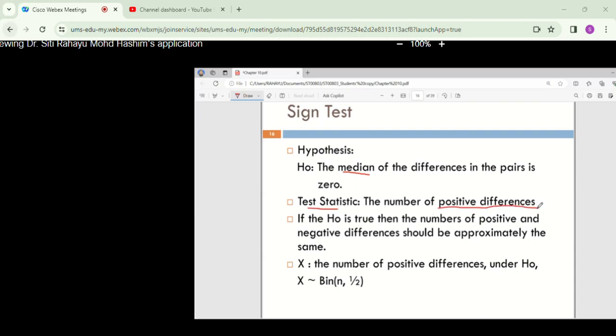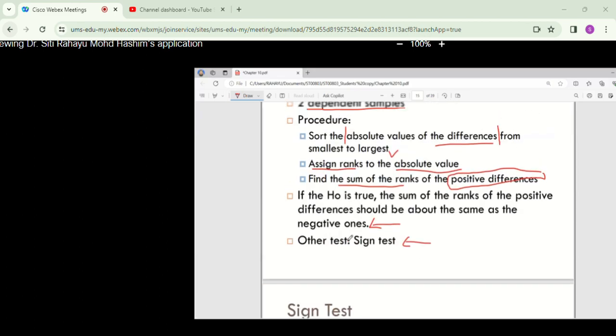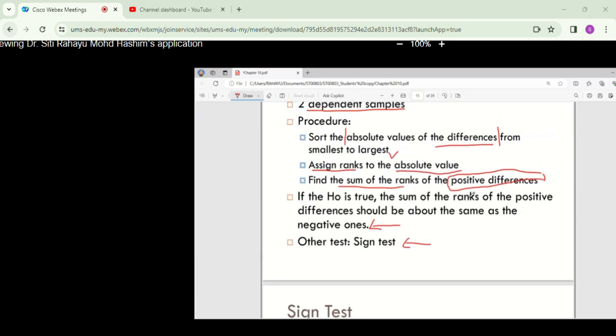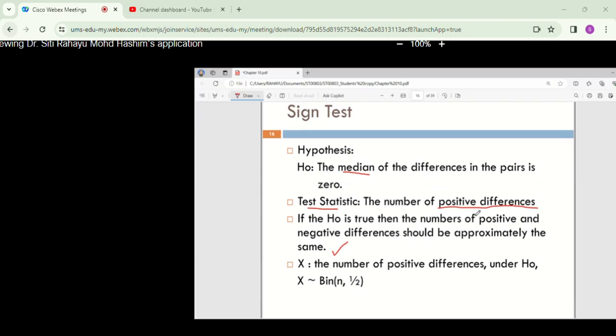So it's very simple, right? If the null hypothesis is true, then the number of positive and negative differences should be approximately the same, the same way we interpret the result for the Wilcoxon sign rank test. Should be about the same, the number of positive and negative signs.